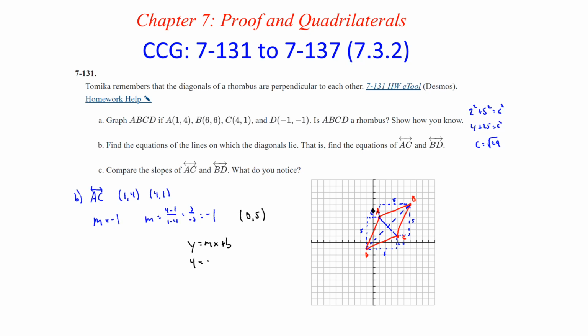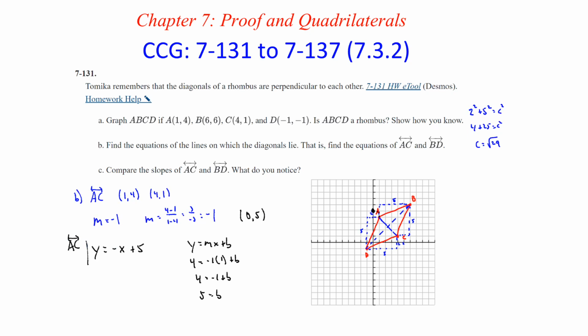So 4 is equal to your slope times x plus b. So 4 is equal to -1 plus b. Add 1 to the other side, and you see that you get 5. So you can use the graph. If things work out nicely, you'll be able to figure out the equation without too much hassle. Y is equal to -1x or -x plus 5, and this is for line AC.